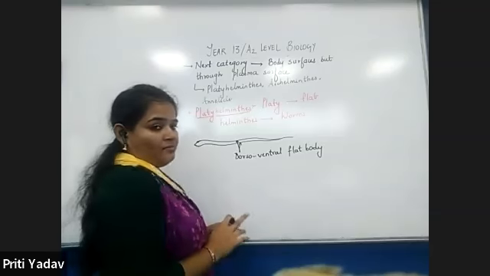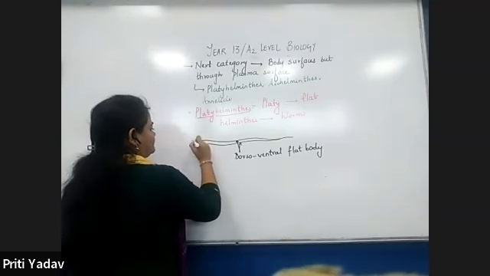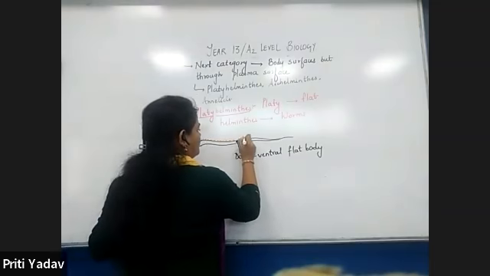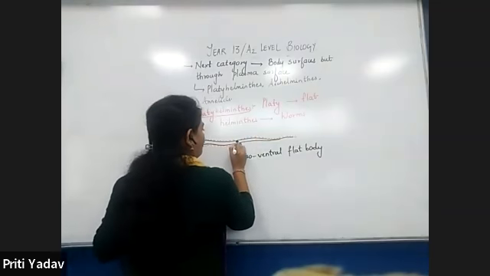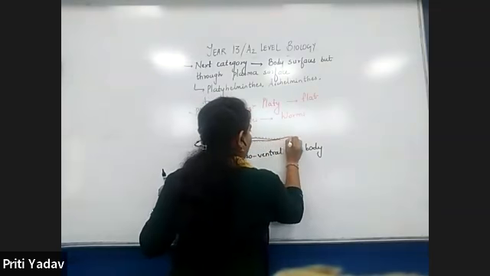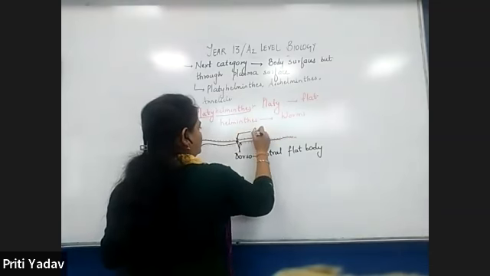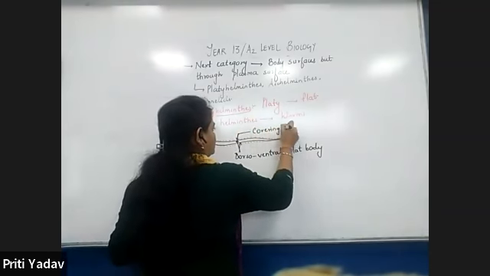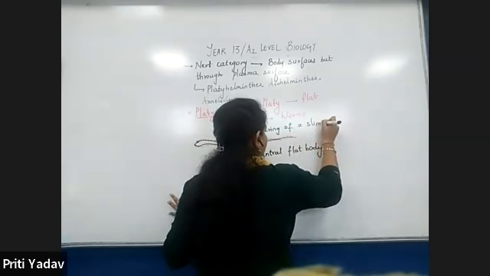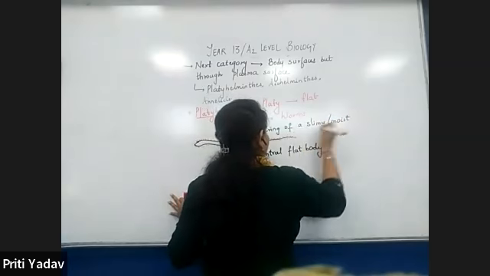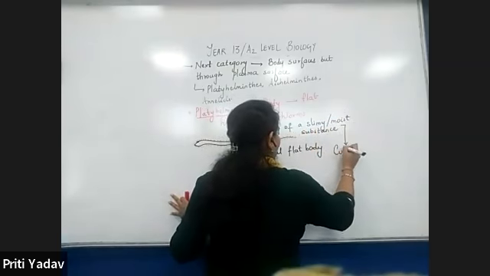The dorsoventral flat body shows a covering of a slimy substance, slimy white substance, which is known as your cuticle.